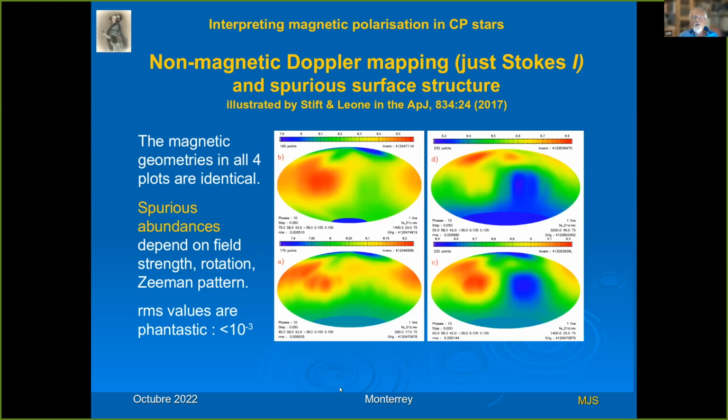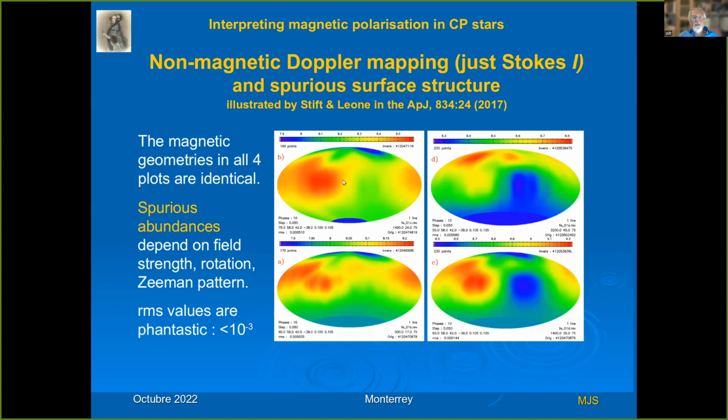And with the usual codes, you cannot calculate it. There you see what can happen when you don't take into account the magnetic field, when you invert your observations.